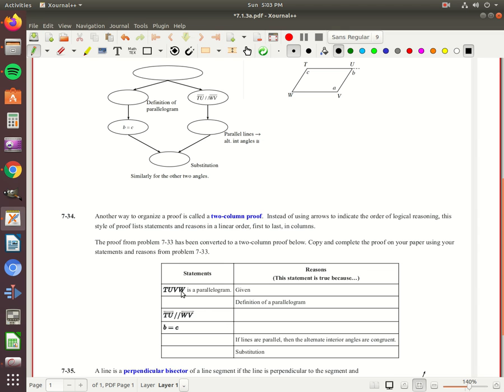First of all, we know that TUVW is a parallelogram, and that is given. Next it says something is true because of the definition of a parallelogram. Well, what's true is that the opposite sides are parallel.